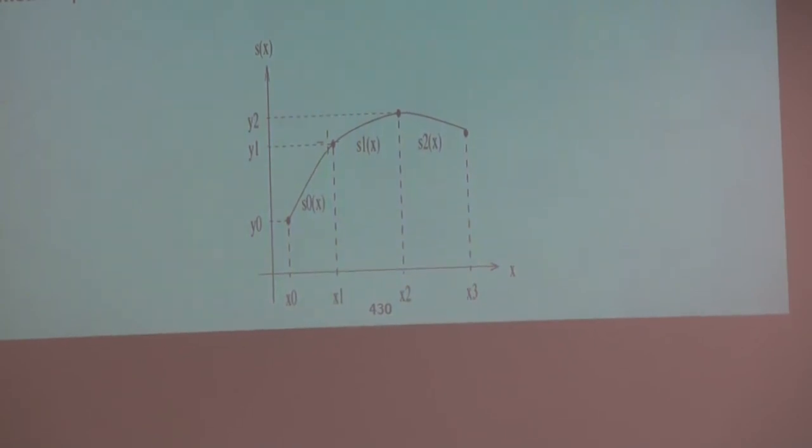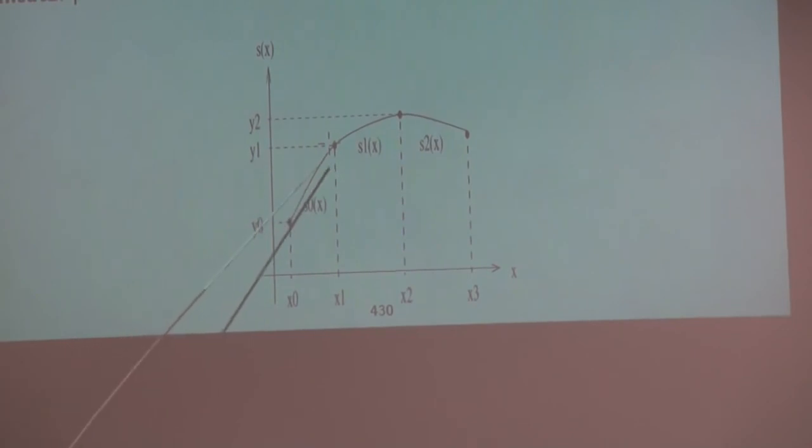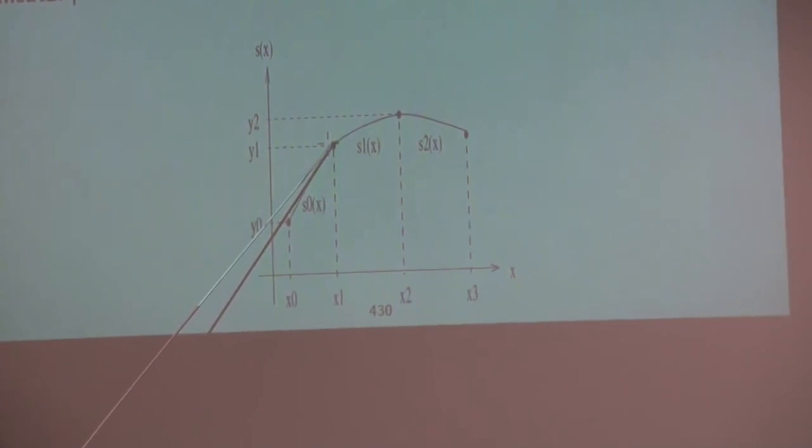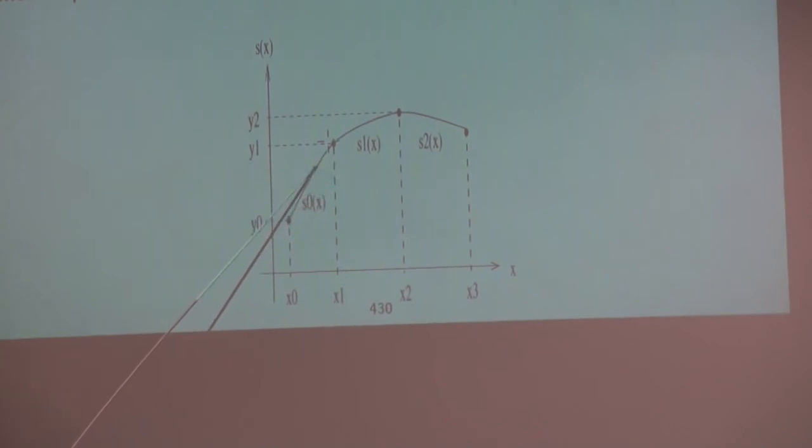But now our additional requirement is that our function has to be 2 times continuously differentiable. At this inner point, the first derivative of this polynomial has to be the same as the first derivative of the other polynomial at the intersecting point.